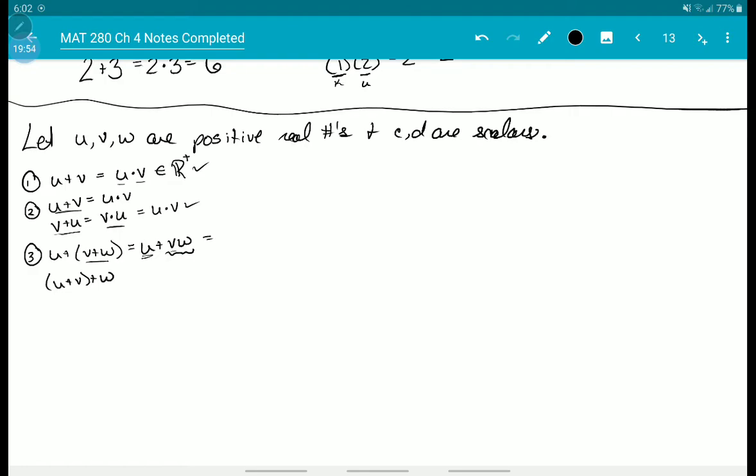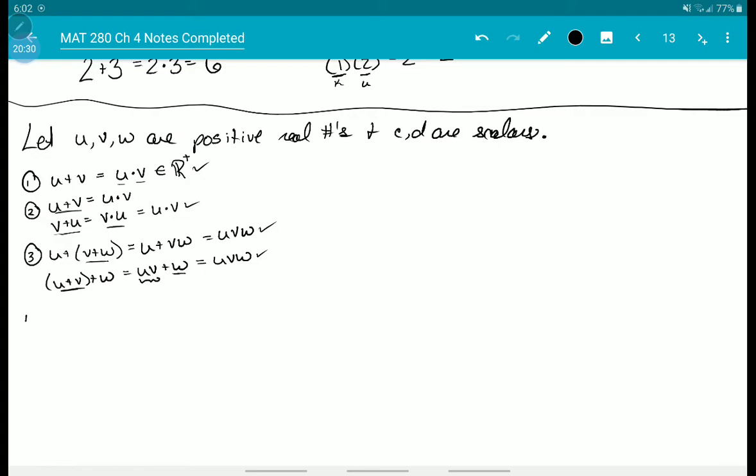So this number plus this number is the product of those numbers. Now let's look at the other way. So u plus v is equal to uv. Treating this now as a unit, that number plus this one in this world is UVW. And those are the same. So we have the associative property.